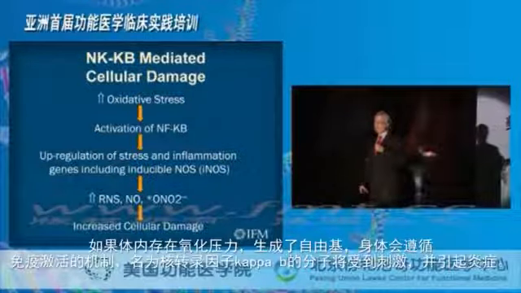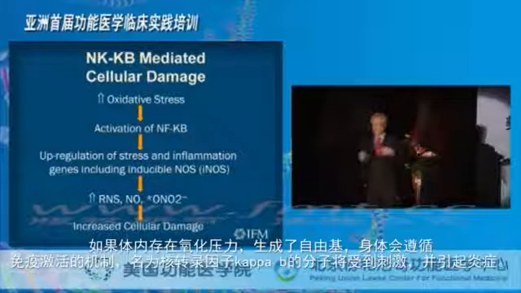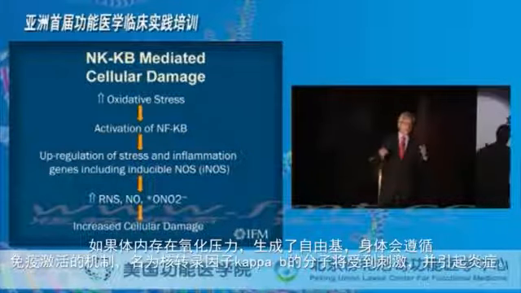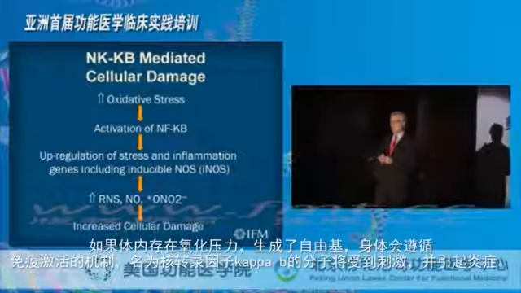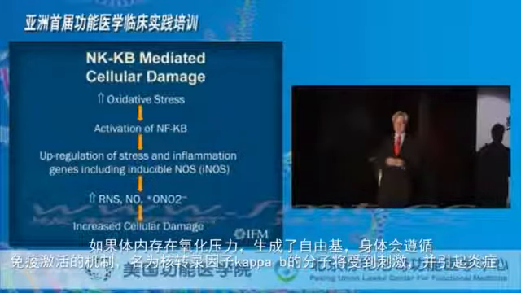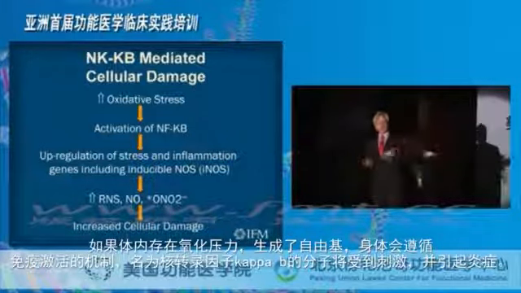When there's oxidative stress, when there's free radicals that occur, the body's going to follow with an immune activation. There's going to be a stimulation of this molecule called nuclear factor kappa B, and there's going to be inflammation. And when there's inflammation, there's going to be damage that occurs to the cells.